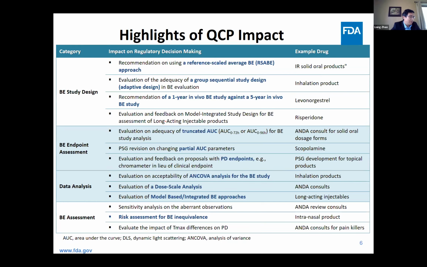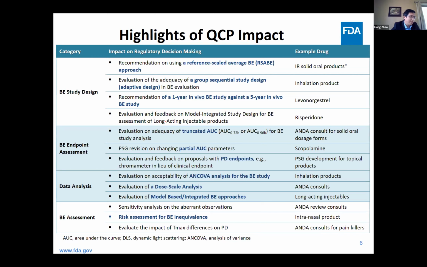For BE study design, I just want to mention that we finally published the product-specific guidance for the levonorgestrel intrauterine system in January 2020. The progestin-containing IUS was approved in the United States for intrauterine contraception for up to 5 years.